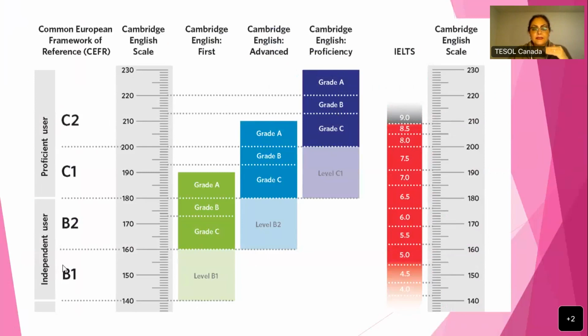There are different Cambridge exams like FCE, CAE, and CPE, also TOEFL and IELTS. In North America, we do have TOEFL also, but usually in Europe they ask for IELTS. Even in North America, you can use IELTS for entering university or even applying for a job or immigration. They accept IELTS as well.